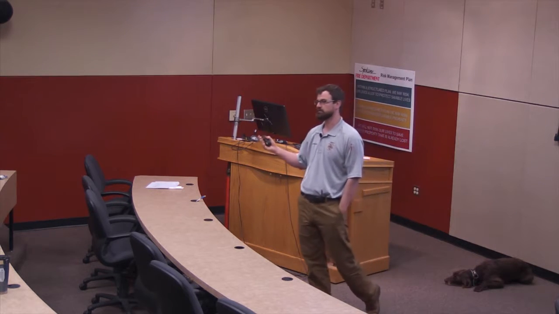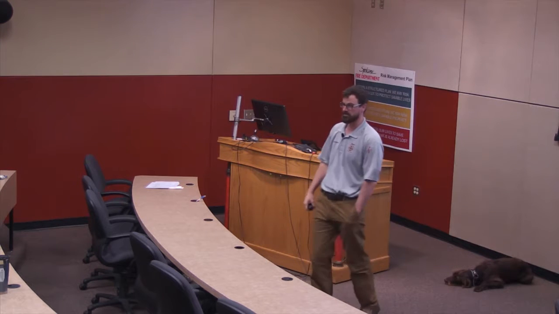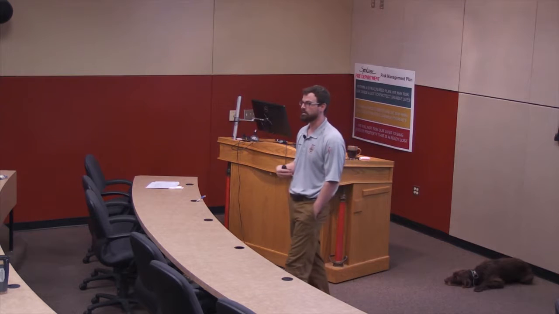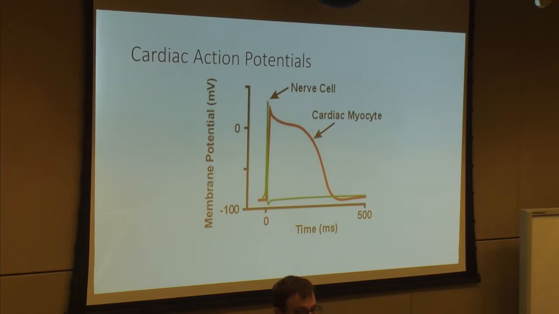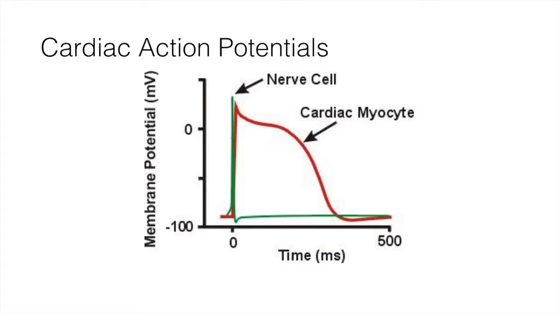If my muscles are not totally up to par on muscle signaling, my skeletal muscles, then I might be a little slow to get out of bed that morning, right? If my gut isn't quite operating the way it should, I might get a little bit of constipation or diarrhea, right? But if my nerve cells are altered, then I get seizures, okay? And if my cardiac myocytes are altered, then I get arrhythmias, okay?